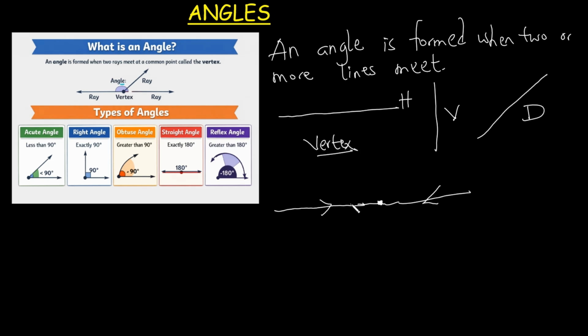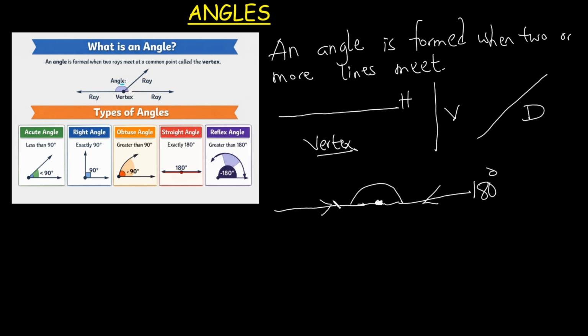Now, this space that they create after meeting is the angle formed, and this type of angle is called a straight angle. So a straight angle is an angle formed when two straight lines meet. So as I've demonstrated over here. Now, this angle is exactly equal to 180 degrees.